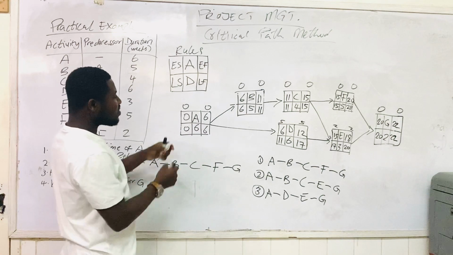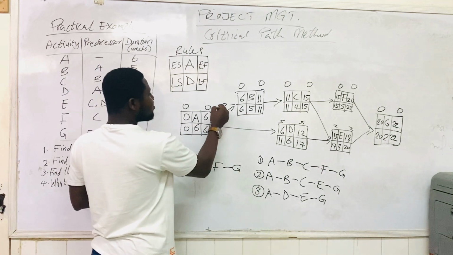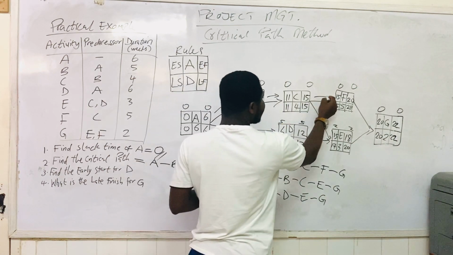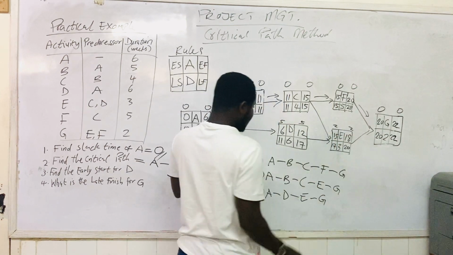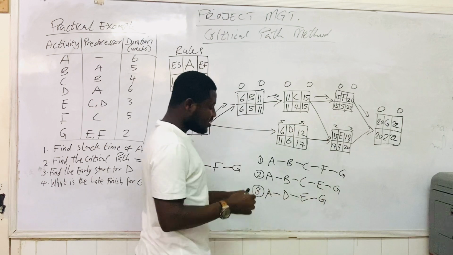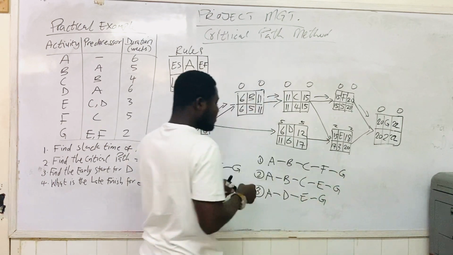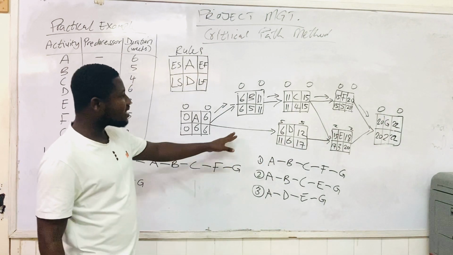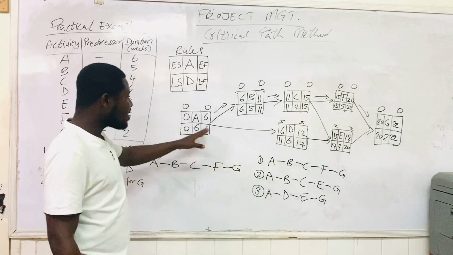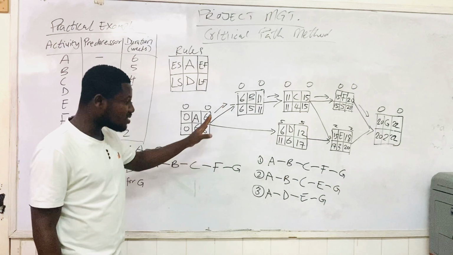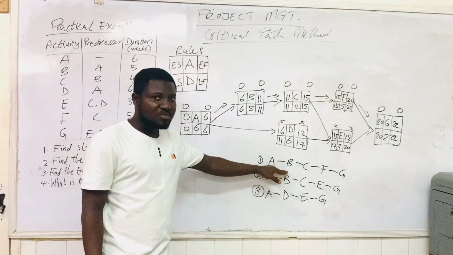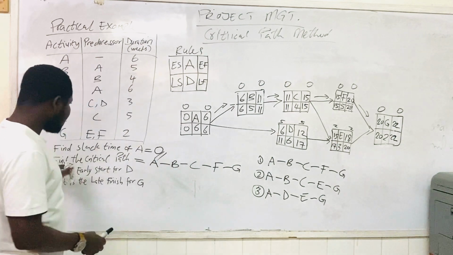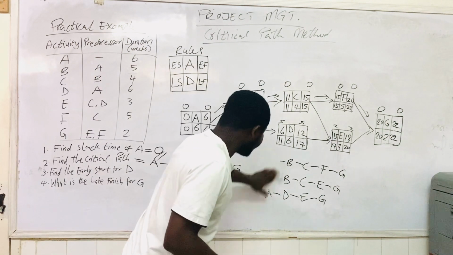From the diagram, we know that A, B, B to C, C to F, and F to G, which is A, B, C, F, and G, all have 0 slacks. And so all the activities with 0 slack become critical activities, and putting them together this way becomes the critical path. And so we are done solving question number 2.